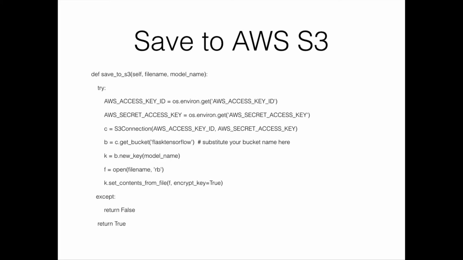We call c.getBucket with the name Flask TensorFlow. A bucket in S3 is basically like a directory, and the key in S3 is kind of like a file name or file path in the directory. We need both the bucket and the key to tell Amazon where we're storing it.